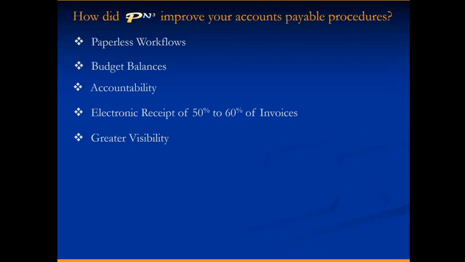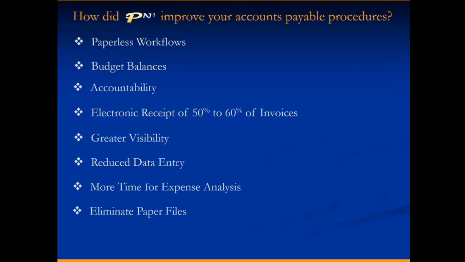Greater visibility, the ability to see at a moment's notice what's going on and where all transactions are. Reduced data entry, obviously a big benefit to the AP team. Reduced data entry also means fewer mistakes and fewer journal entries to correct those mistakes. More time to analyze the expenses versus shuffling paper and data entry.